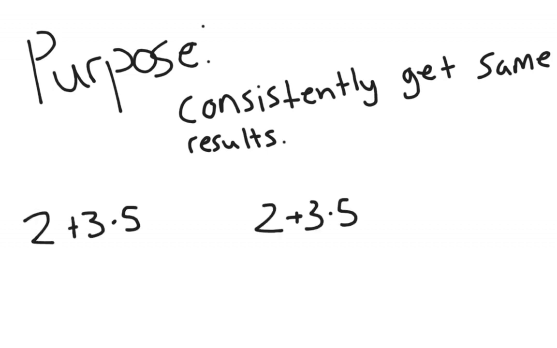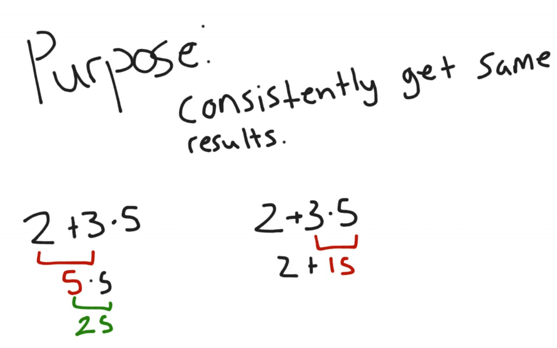For example, 2 plus 3 times 5. You could first do 2 plus 3 and get 5, and then have 5 times 5 and get 25, or you could do 3 times 5 and get 15, then do 2 plus 15 to get 17.